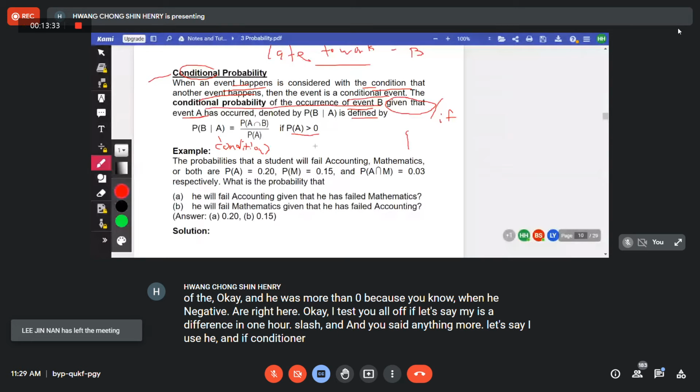Which one is the condition? So how do you write?